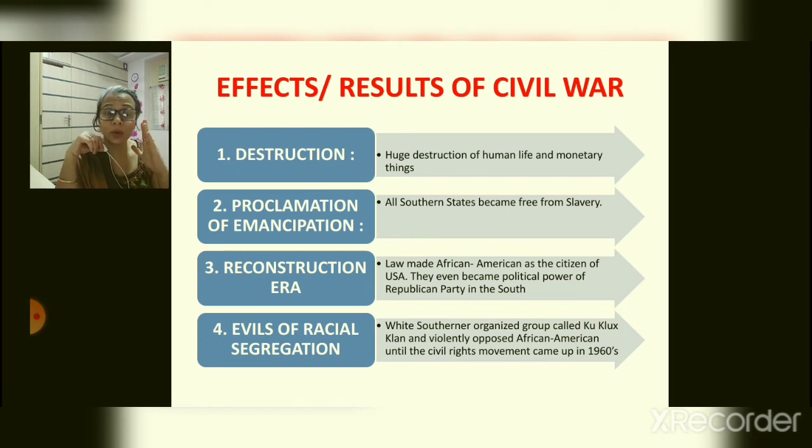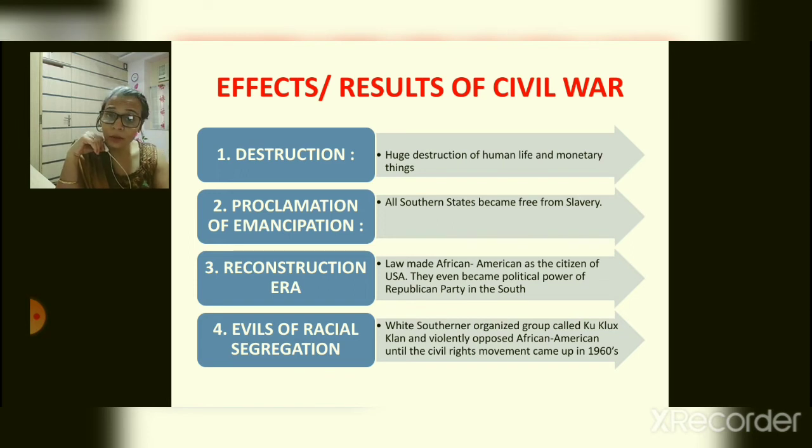It is said that almost 6 to 7 lakh people were killed in this civil war. All right, their own people were killed. That's a very bad thing. And they had monetary loss. It was a huge amount. As it is, the South's infrastructure was weak, and the war on top of it made their situation bad.